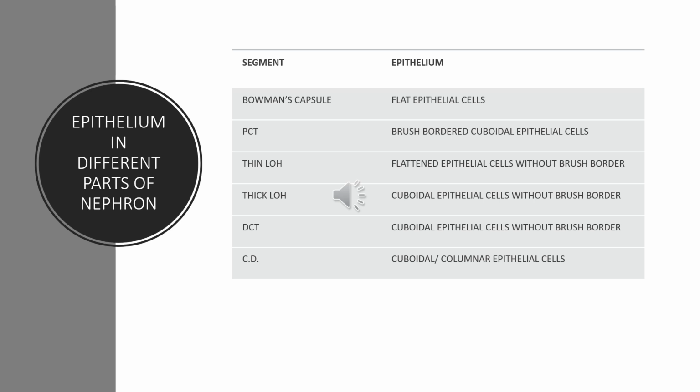This shows that the Bowman's capsule is formed of flat epithelial cells, the proximal convoluted tubule is formed of brush-bordered cuboidal epithelial cells, the thin limb of loop of Henle is formed of flattened epithelial cells without brush border, the thick limb is formed of cuboidal epithelial cells without brush border, the distal convoluted tubule is formed of cuboidal epithelial cells without brush border, and the collecting duct is formed of cuboidal or columnar epithelial cells that are modified into the principal cells and intercalated cells.